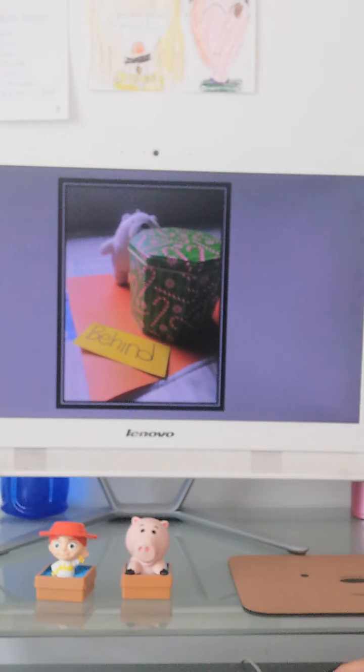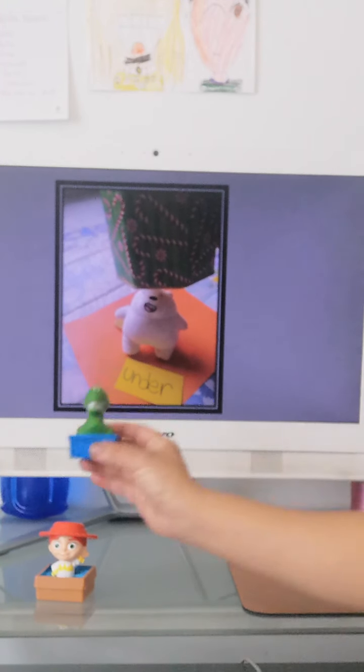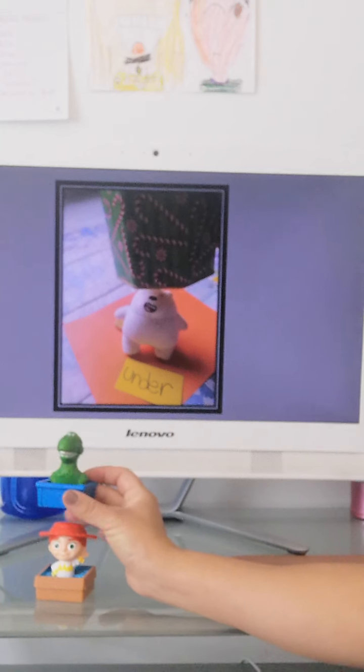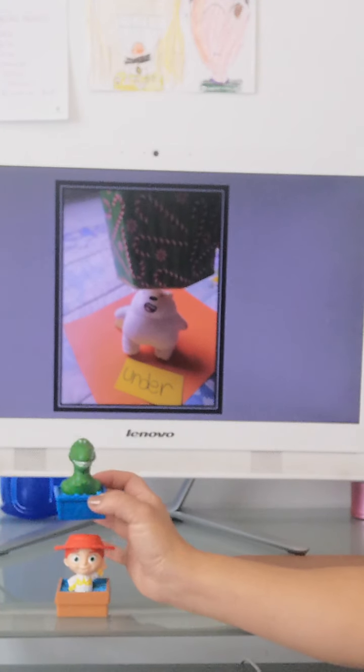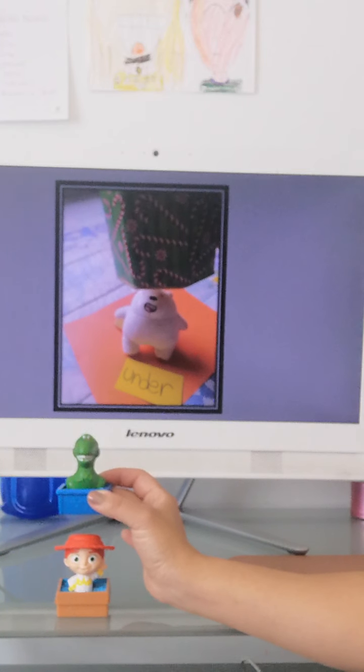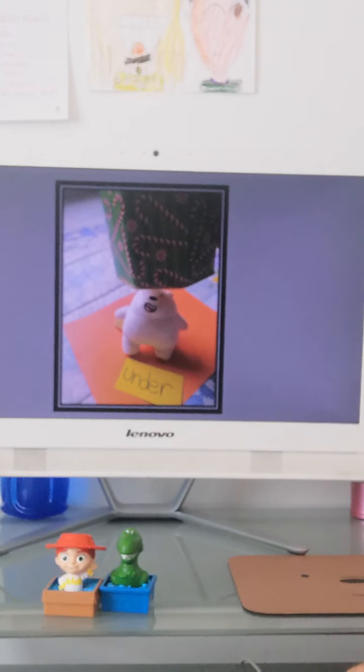Okay, let's take a look at the next one. This one is under. Polar is under the box. Now, I want to switch characters. Let's do it like this. Jesse is under T-Rex. Okay, keep going.